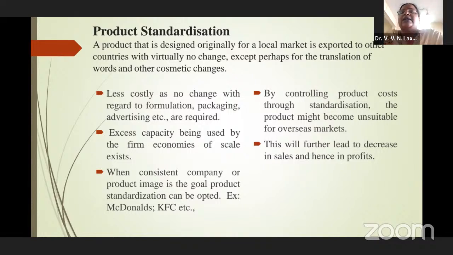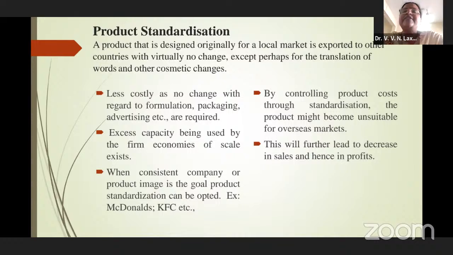Now, if the company is trying to sell the same product in the international markets, it is less costly for the firm. At the same time, packaging, advertising, and the product formulation are all the same. So no additional expenditure is incurred by the company.